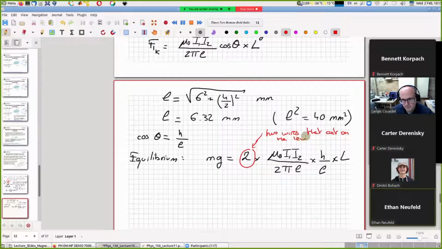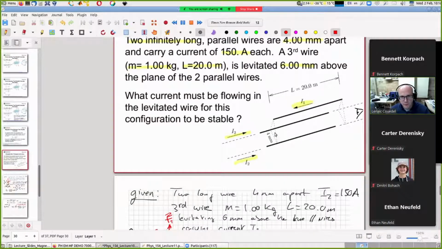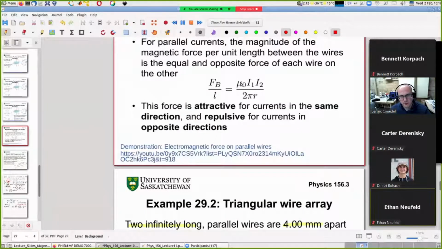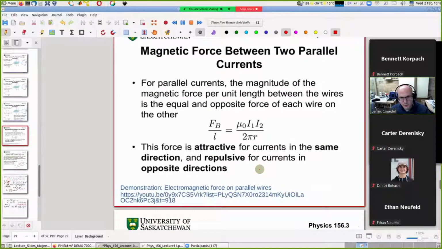Wait, sorry, you said you multiplied by the L at the end because this force is only acting on the 20 meters? Yes. So there will be a repulsive force on the 2 bottom wires, but that's not what we're interested in. We're only interested in the top wire, and the top wire in the given problem has a length of 20 meters. Gotcha. Since we know the formula for the force per unit length, this L is given. That's the capital L here. So you just move it from the fraction to the right side. Oh, it's already, okay. Yeah.